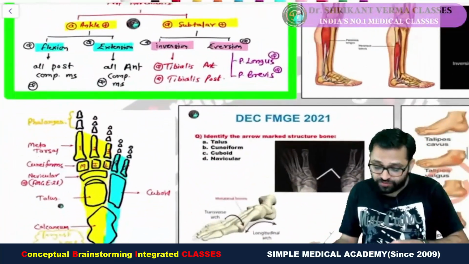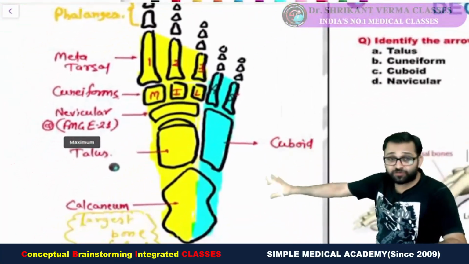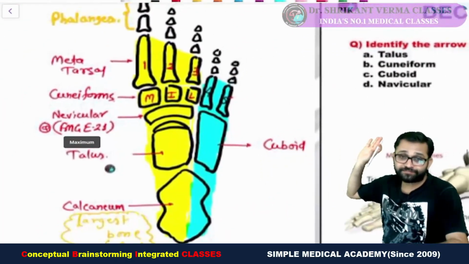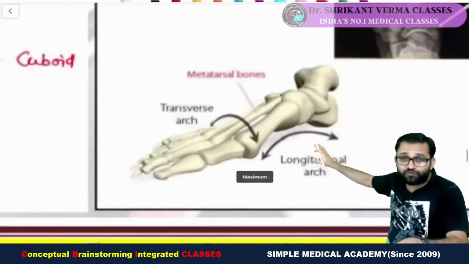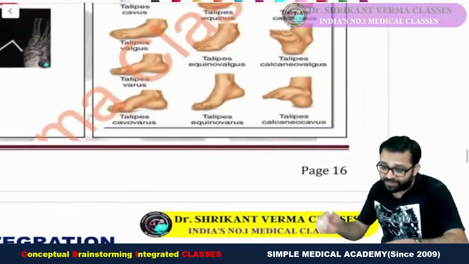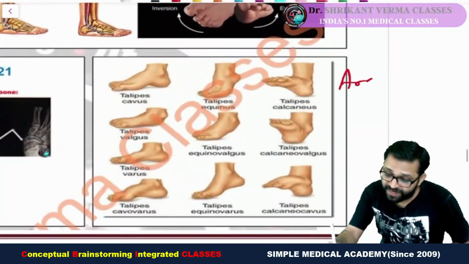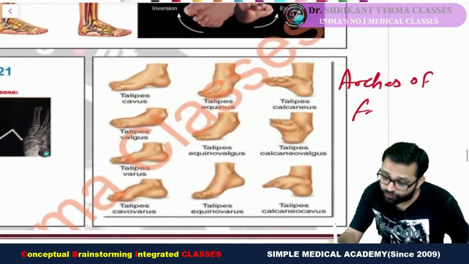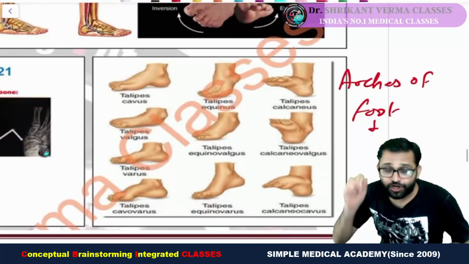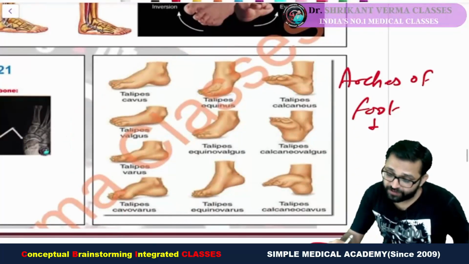Why I am telling you this: always in my class I teach the identification of the bones with proper drawing, and we always see the arches of the foot. Here we discussed this topic at page number 16, and I told you always that the arches of the foot are important due to different kinds of congenital anomalies.